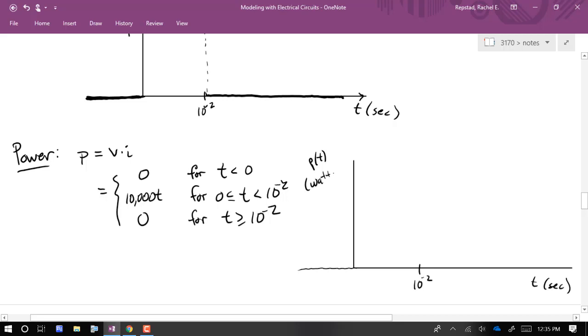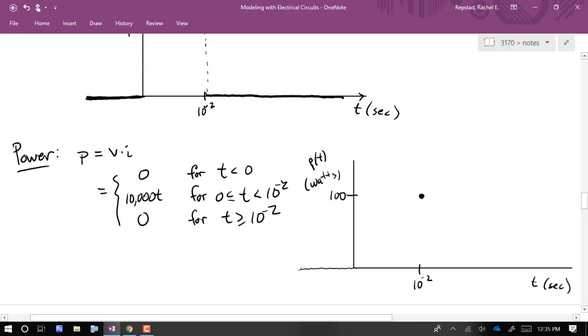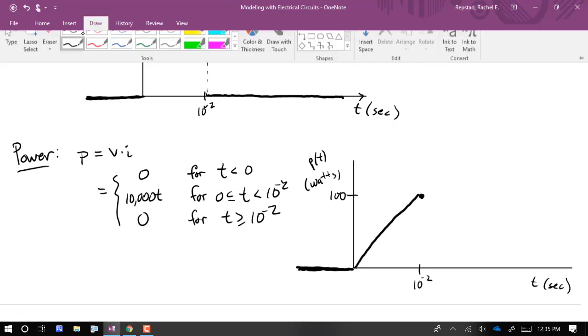Ours is in watts. So at 10 to the negative 2, if we plug this in for t, it is up here at 100. So it's 0 before, then it's this linear function, then it drops down to 0.